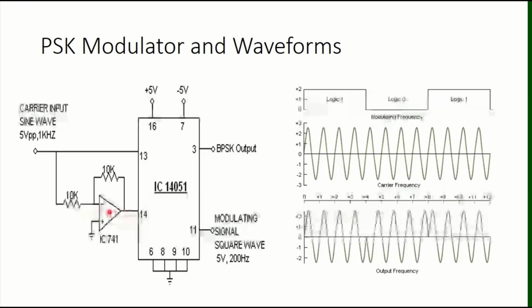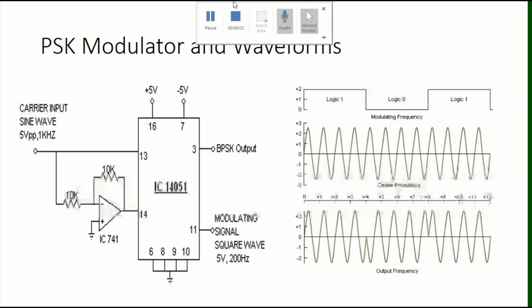It's very simple, and my logic data is given to pin number 11, which gives me the phase change. Whenever there is a logic change, there is a change in the phase. So this is the simplest circuit which we can find to generate the three different binary modulations.